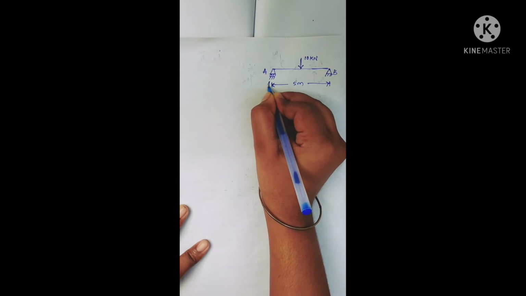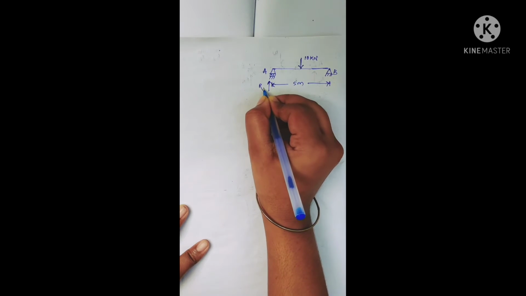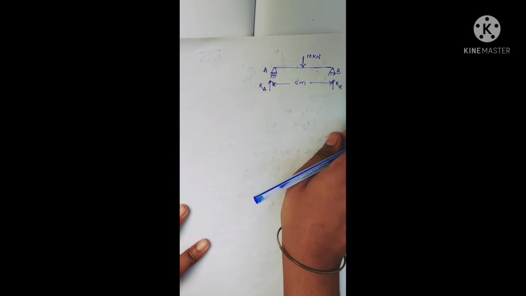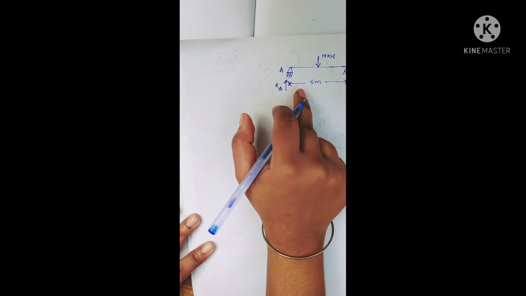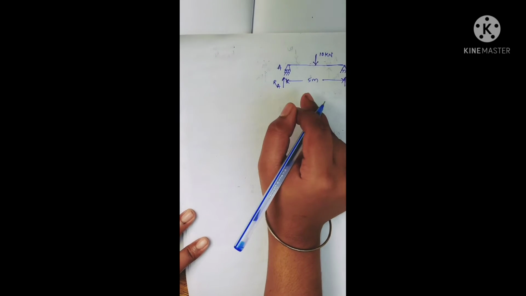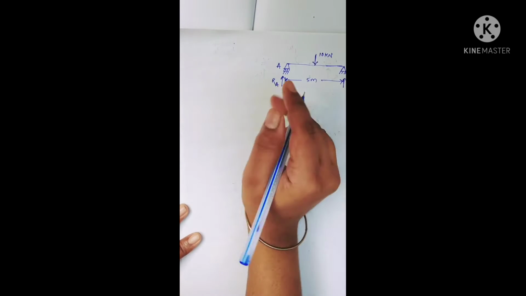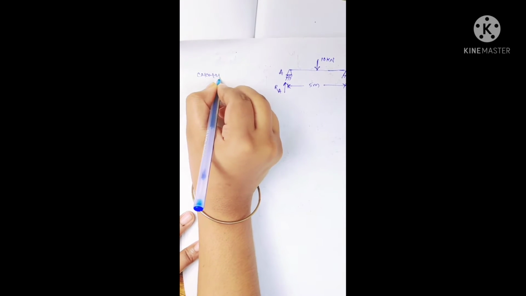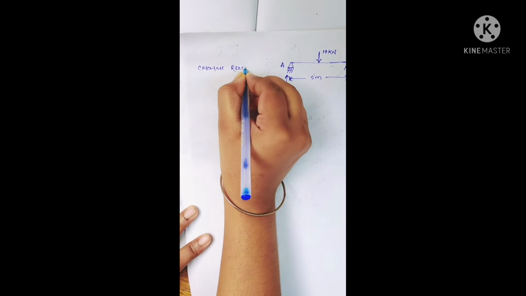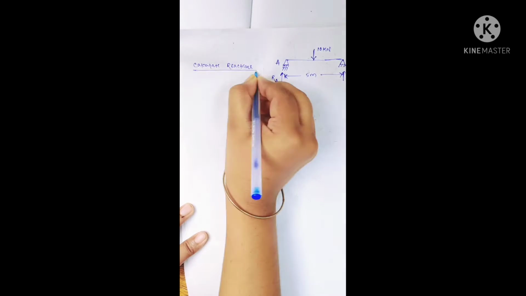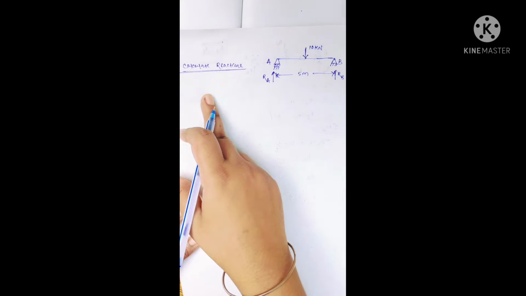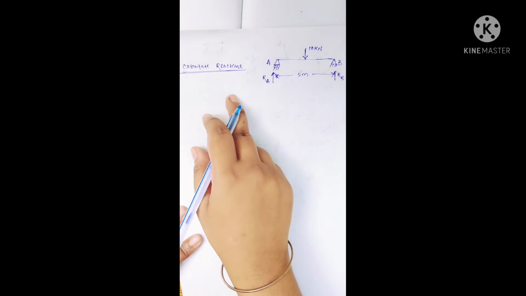Here vertical reactions arise, that is RA and RB. Before calculating the shear force and bending moment diagram, we have to calculate the reactions. In the previous video, we learned how to calculate reactions.